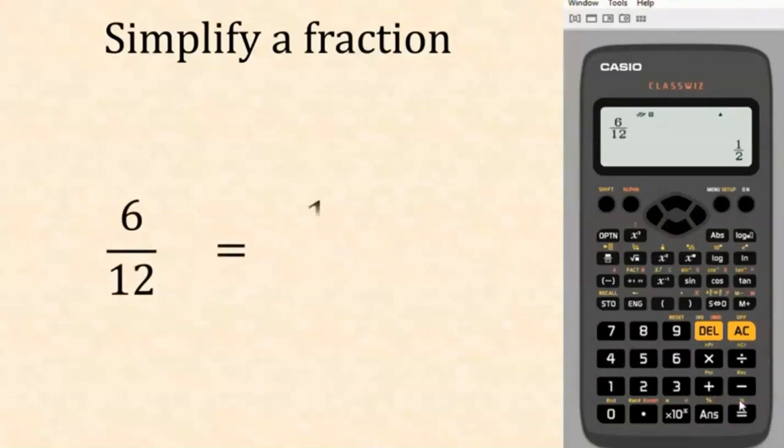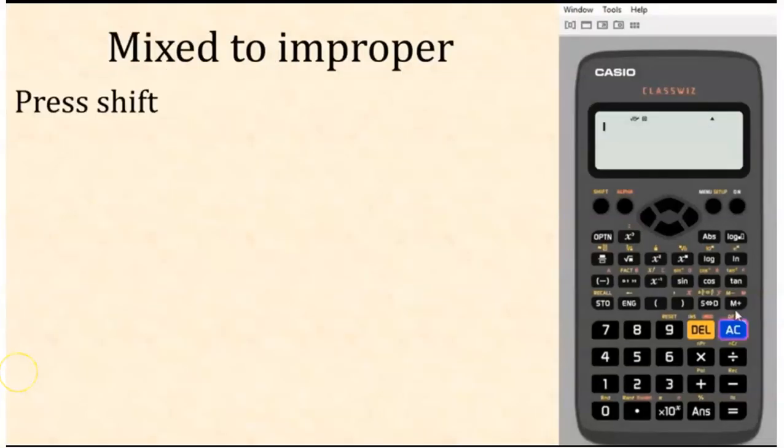And that gives us 1/2. And clear that. So let's try a more tricky one. Let's do 15 35ths, arrow down, 35, and give it equals, and it converts it to 3/7. So as you can see, it's quite an easy function to do with your calculator.